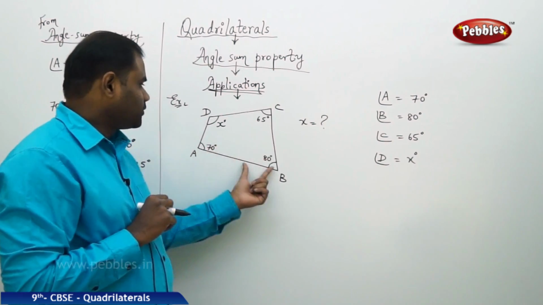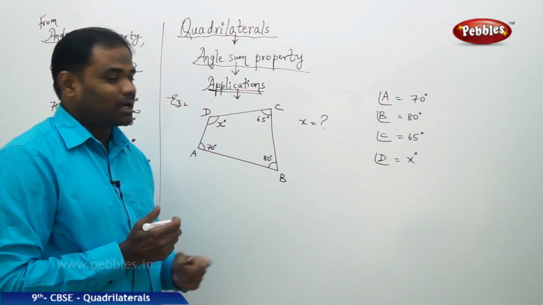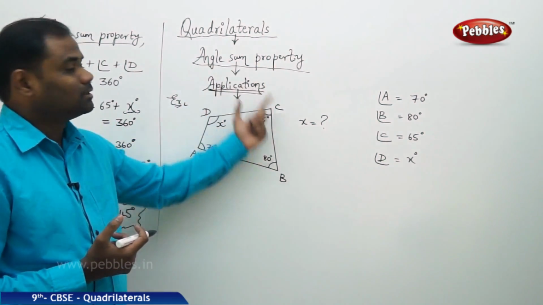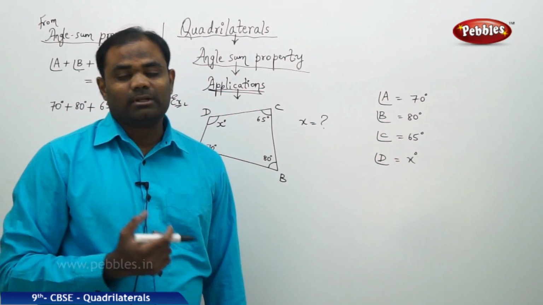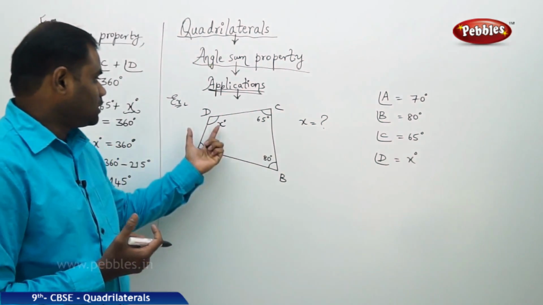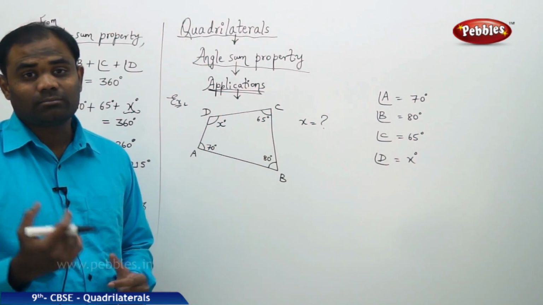So given the three angles in a quadrilateral ABCD, I can find the fourth or the unknown angle using angle sum property. So my learning outcome here is that the angles of a quadrilateral can be found using angle sum property.